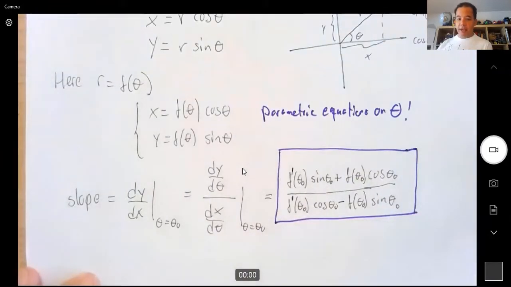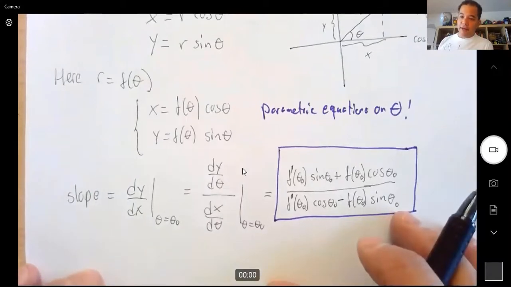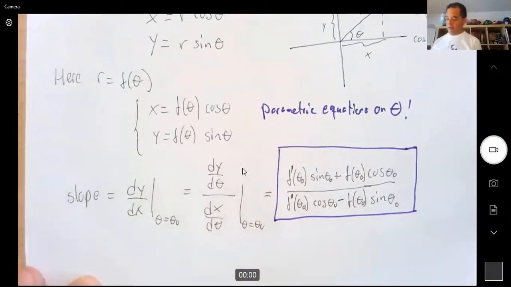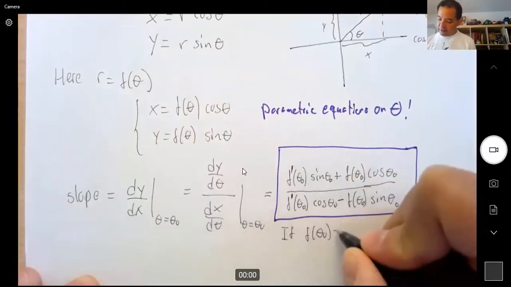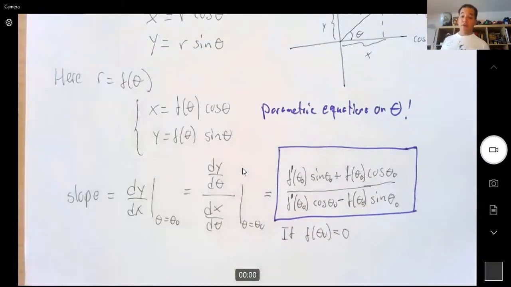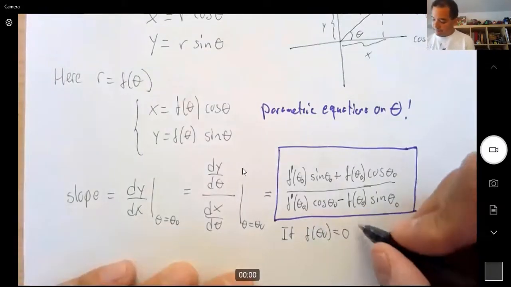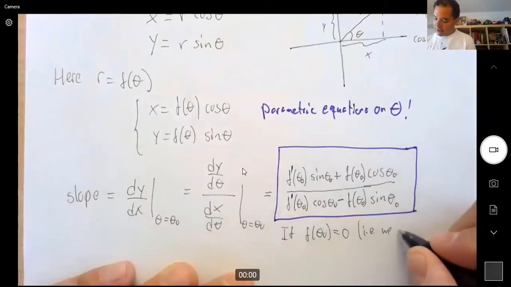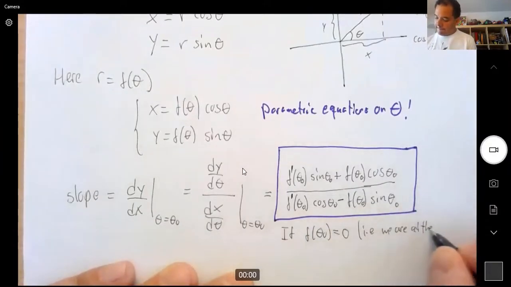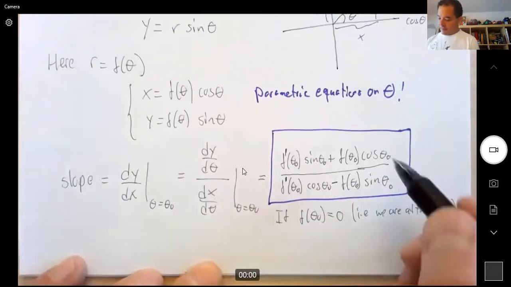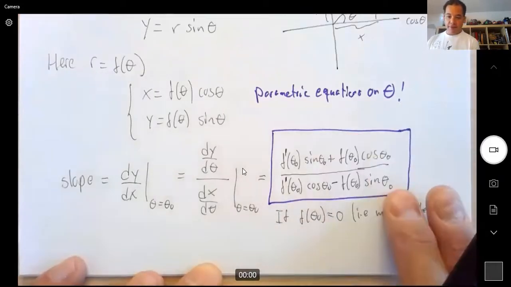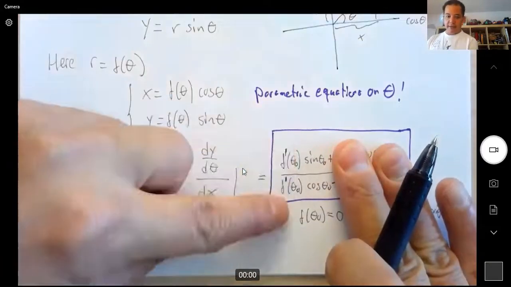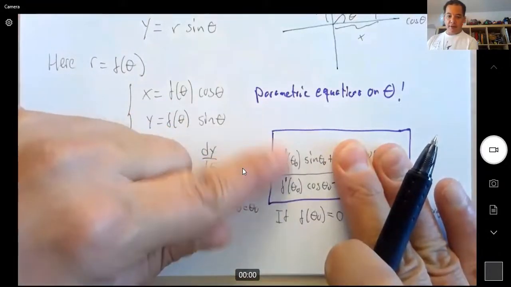And there's a special case worth noting. What if you have a point that goes through the origin? So if f of theta 0 is 0, that means the radius is 0, i.e. we are at the origin. If that happens, then this is 0 and this is 0. These two cancel, and then you can also cancel the f prime theta 0 and the f prime theta 0.